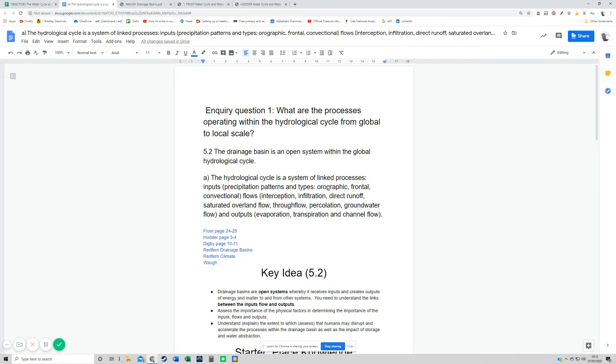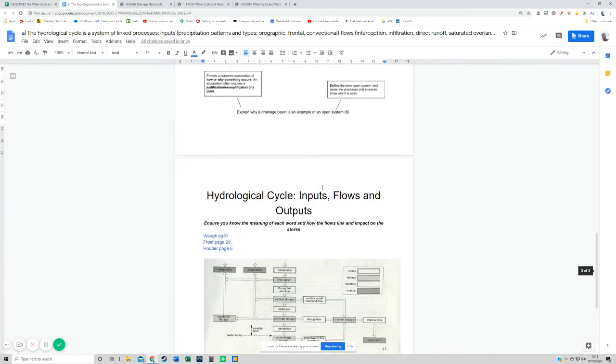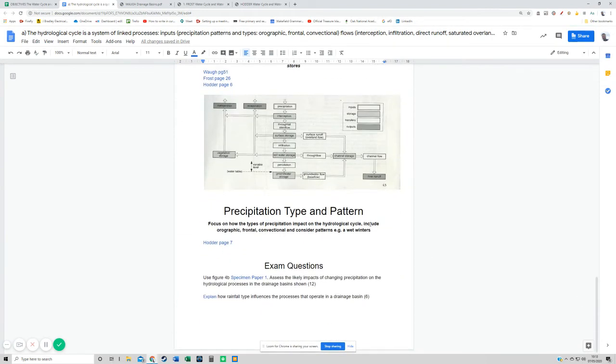The west of our country gets a lot more rain, so the soils tend to be full of water all the time, particularly in autumn, which means you end up with more runoff. So what we've got to do is, one, have the basic idea of how these different rainfalls work, and then, more importantly, show how they might impact on that drainage basin.